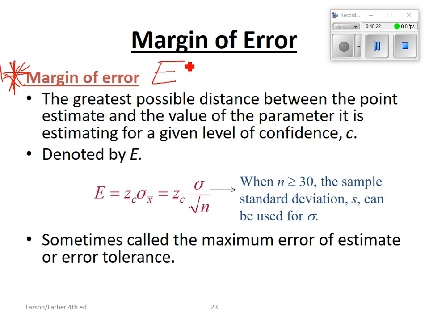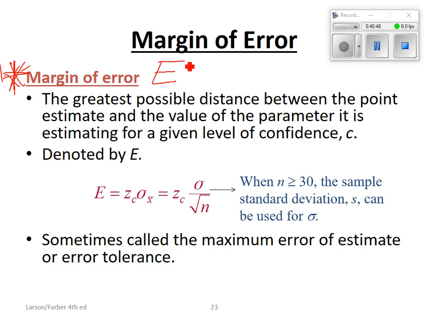Alright, so margin of error. On the last slide, it was sampling error. We can't find sampling error, but what we can find is the largest possible amount that the sampling error could be, and that's called the margin of error.